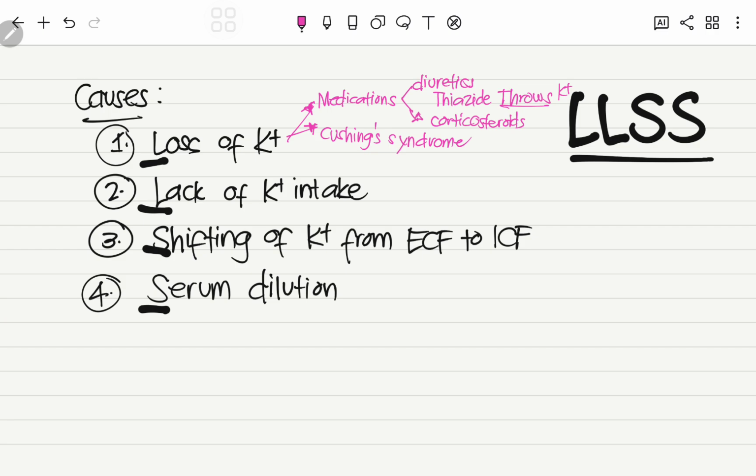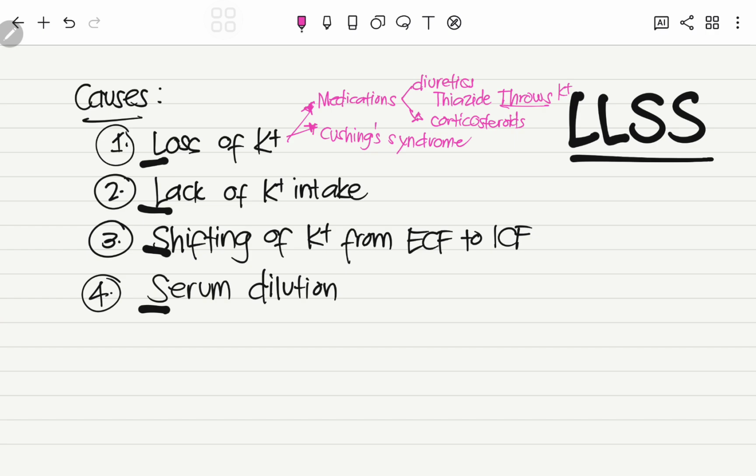Why it can cause hypokalemia is because in Cushing syndrome, there is a hypersecretion or increased secretion of a hormone we call aldosterone. So when there is an increased secretion of aldosterone, of course it can cause the actual body loss of our potassium via the excretory system, through your kidneys. So that's another factor that can create the actual body loss of your potassium.